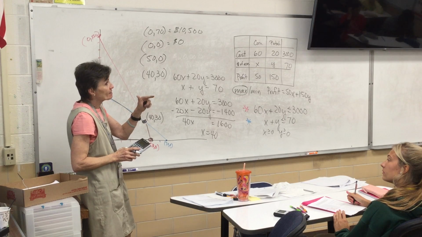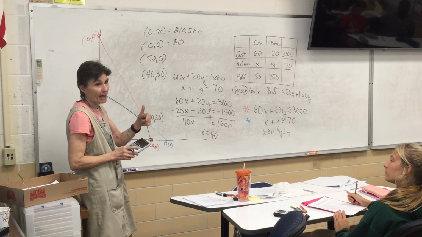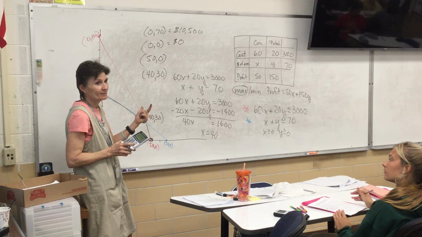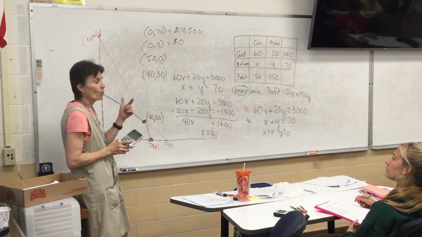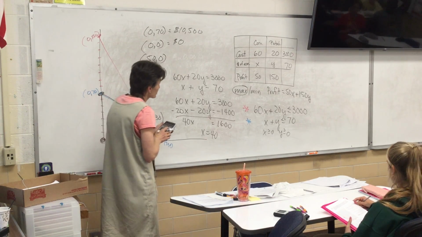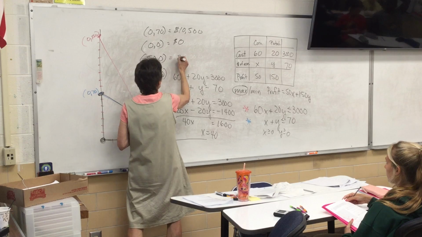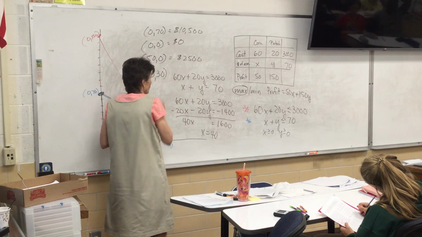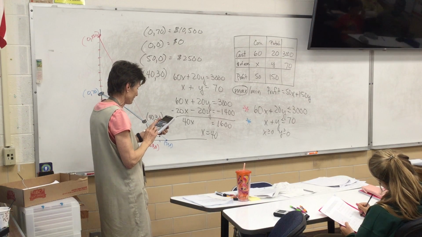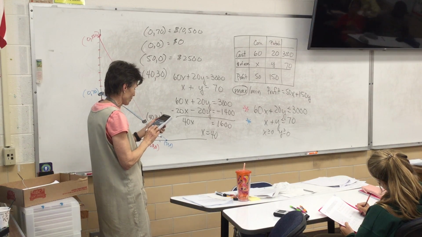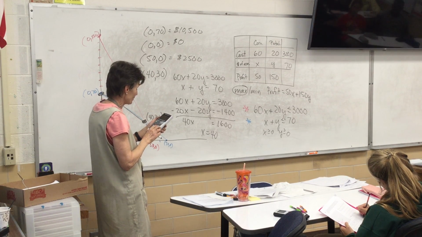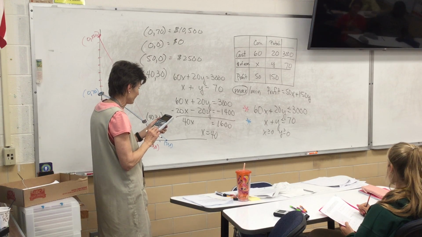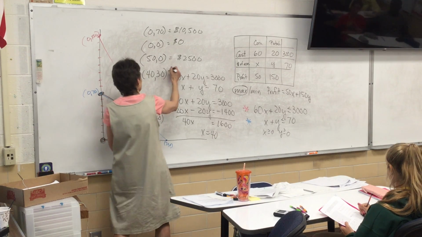So obviously the minimum profit is gonna happen if you don't plant anything, right? That's not the one I want, I want the maximum. So this is gonna be 2,500. And this one is going to be 50 times 40 and 30 times 150. It's 6,500.